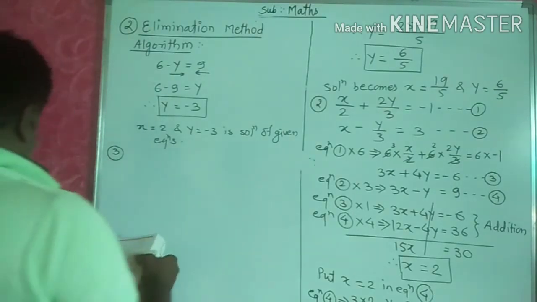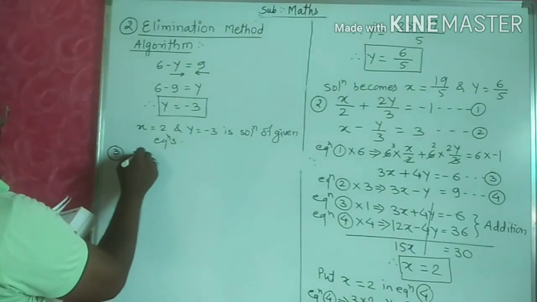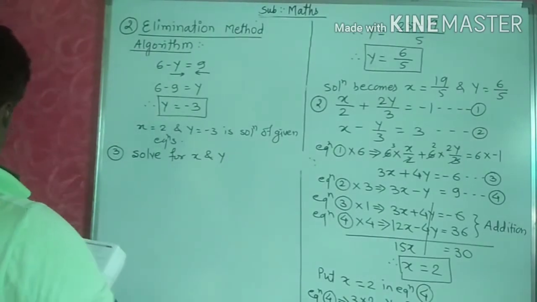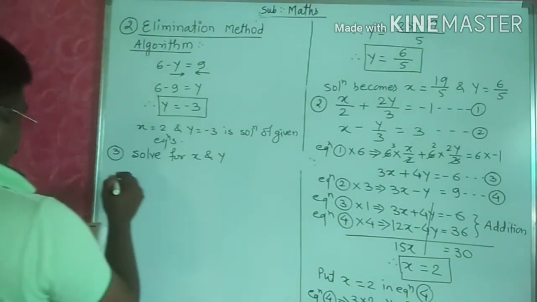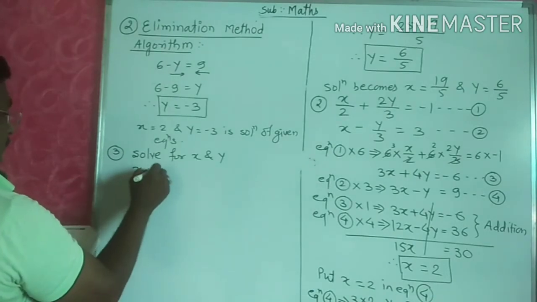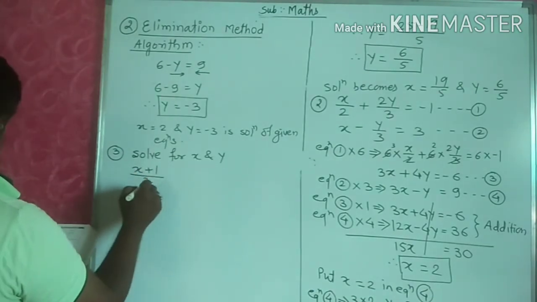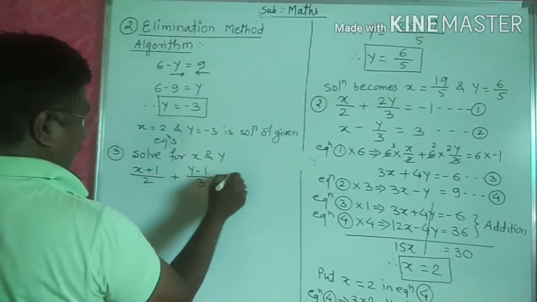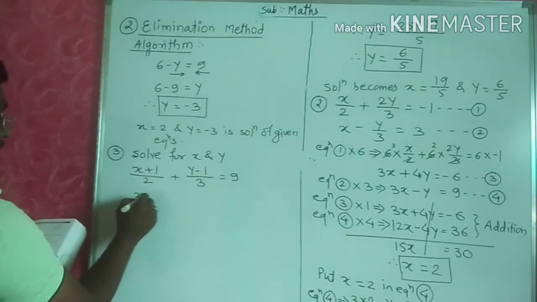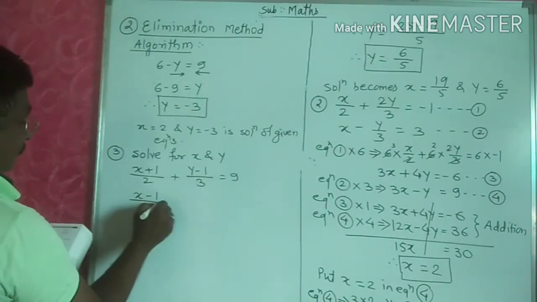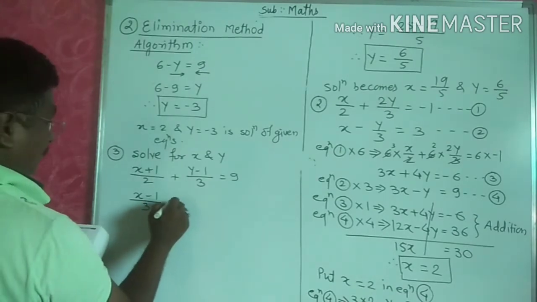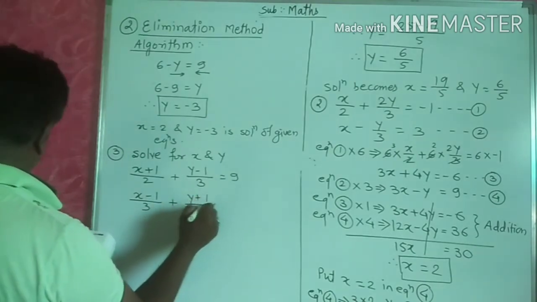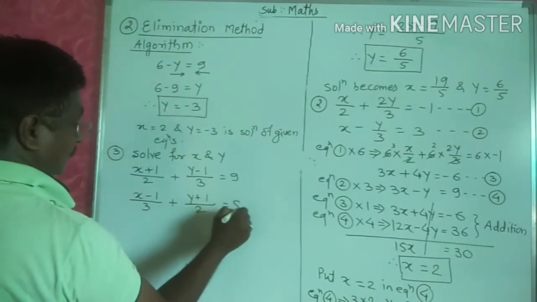Now we will take the third example. Solve for x and y. (x plus 1) by 2 plus (y minus 1) by 3 equals 9. (x minus 1) by 3 plus (y plus 1) by 2 equals 8.